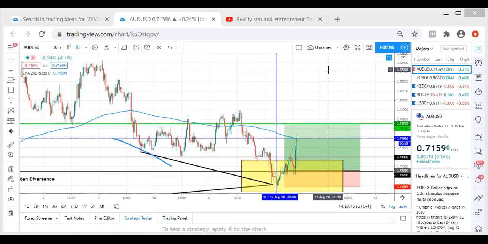However, the only difference is when you spot hidden divergence on the 15-minute, you're not going down to the 1 minute. It's too quick. You go down to the 5 minute.